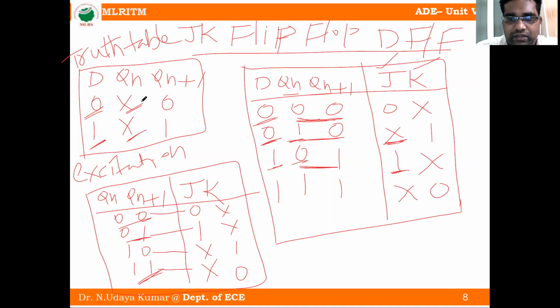The third one is again don't care: if D is equal to 1 and Qn is equal to 1, we will get don't care. Okay.